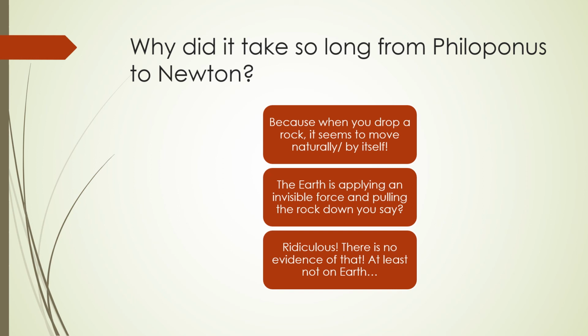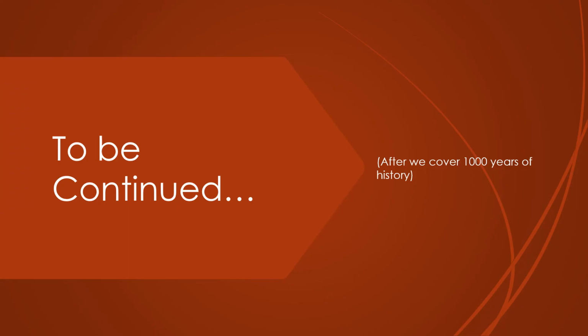There's no evidence that the Earth is somehow pulling the rock down, at least not on Earth. And so this is going to be continued later after we cover 1,000 more years of history. The question is, how did this invisible force of gravity get discovered in the first place? Well, when we get to Isaac Newton, we'll learn more about that.